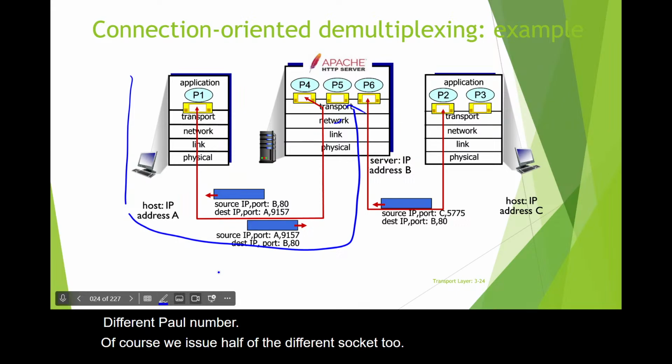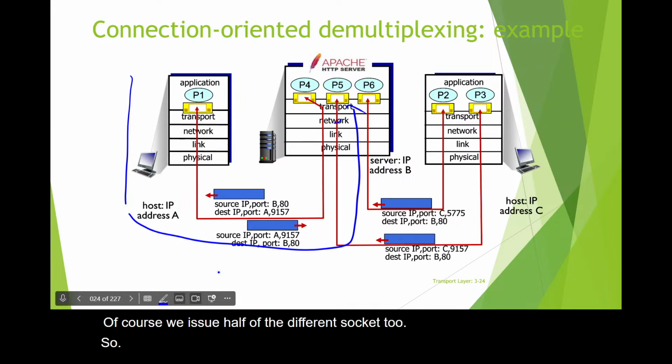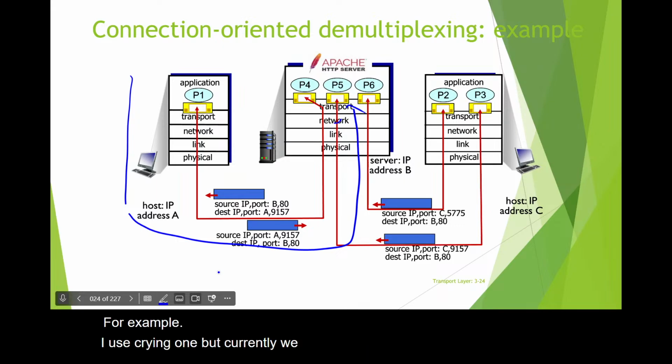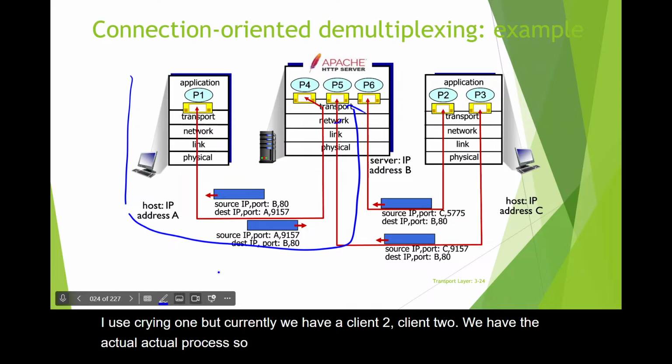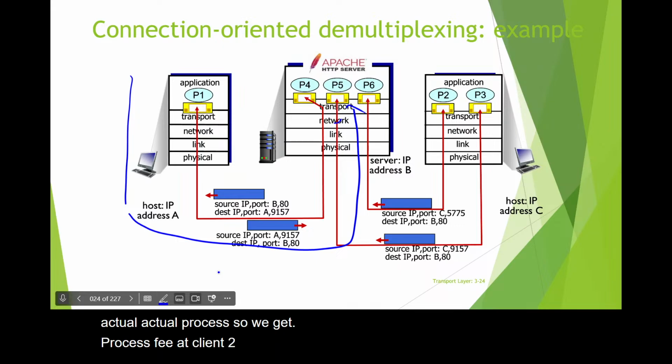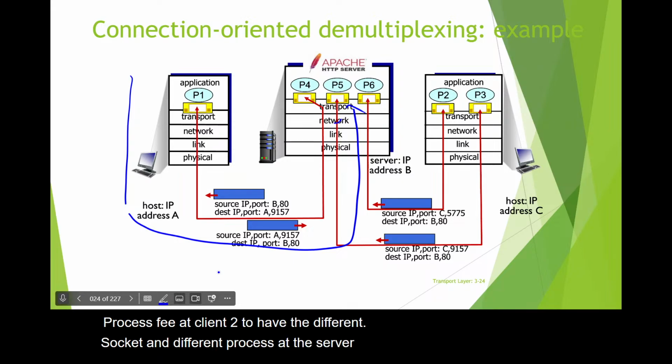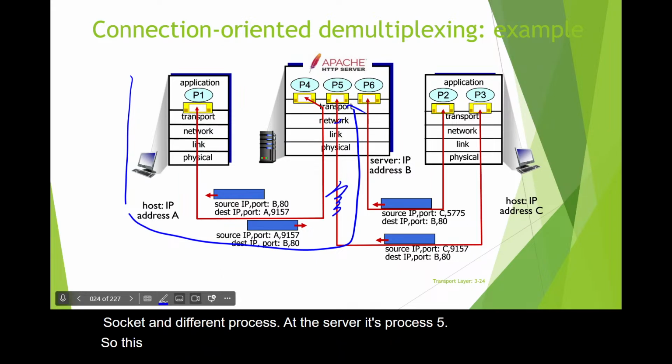So, for example, I use client 1, but currently we also have client 2. For client 2, we have the actual process. So we get process 3 at client 2 to have a different circuit and a different process at the server. It's process 5. So this one, we directly have the actual one.